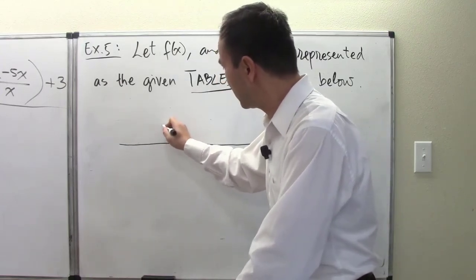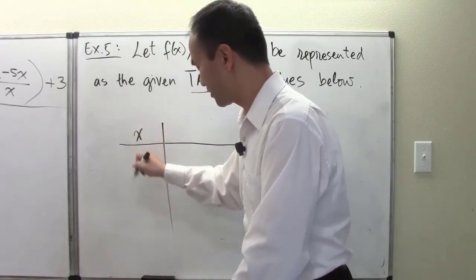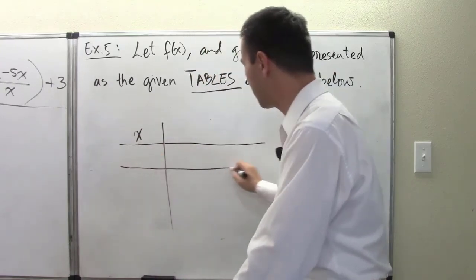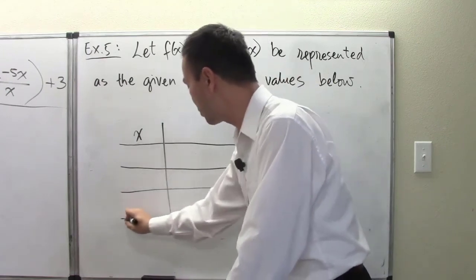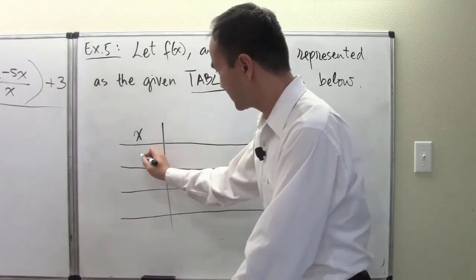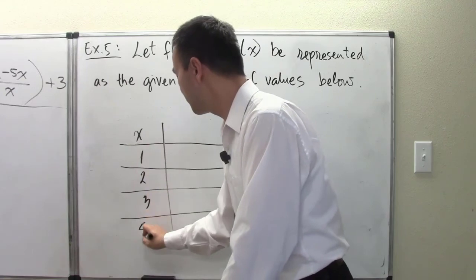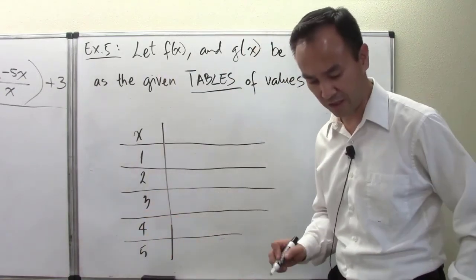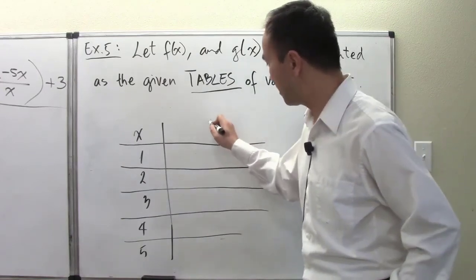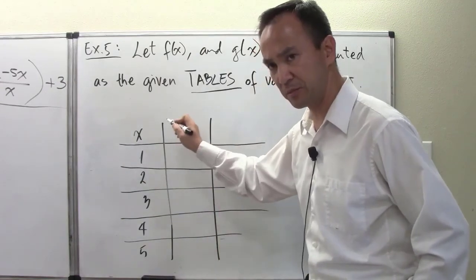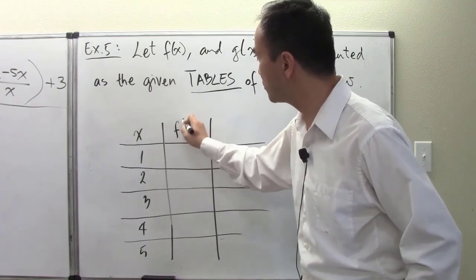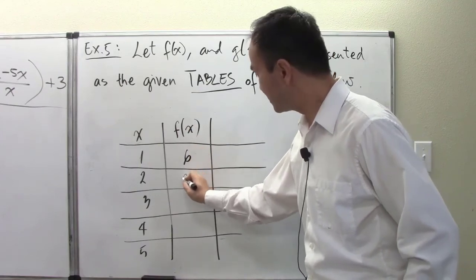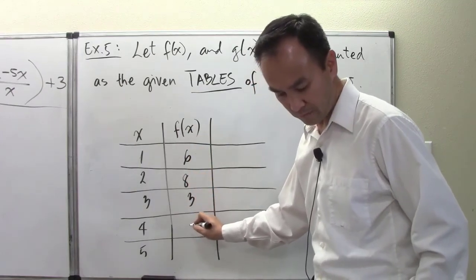It's going to be one column for x. Technically it's two tables, so that's why I said tables, right? But now I'm going to combine it in one table with three columns. For x it's 1, 2, 3, 4, 5. With a table like that, one column is for the input. Now I'm going to have a column that specifies the output values for my function f of x, which gives me 6, 8, 3, and 1.